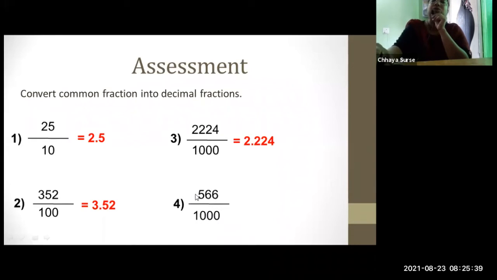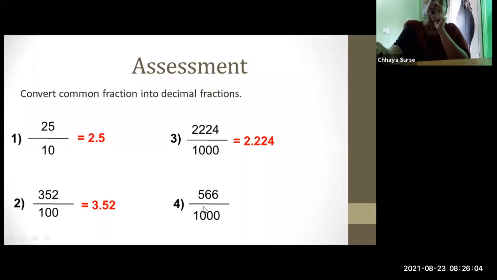That's why we are adding a 0, because I taught you that the numerator and denominator should have an equal number of places. So we add 1 zero on the left-hand side.